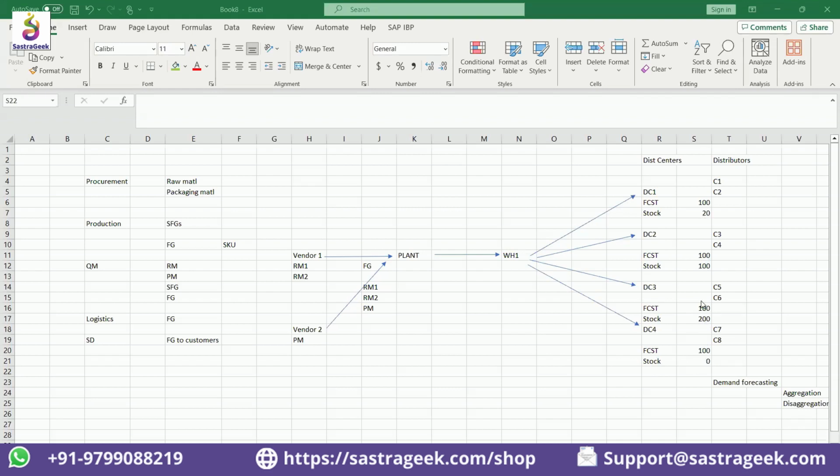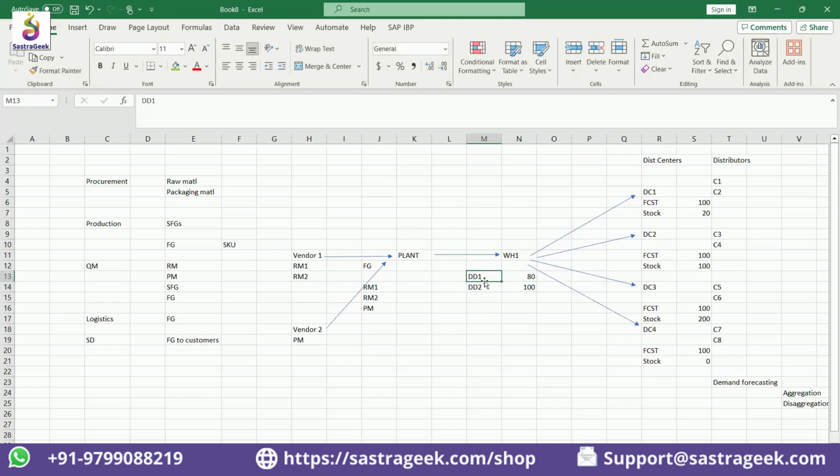That means 80 pieces of shortage plus 100 pieces of shortage, 180 pieces of shortage, needs to be fulfilled. From where do I fulfill this? From this location which acts as a supplying location in my network. In this case, it is the warehouse. So the warehouse will get two kinds of demands: a demand of 80 pieces coming from DC1 and a demand of 100 pieces coming from DC2.